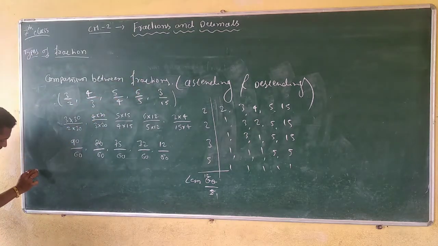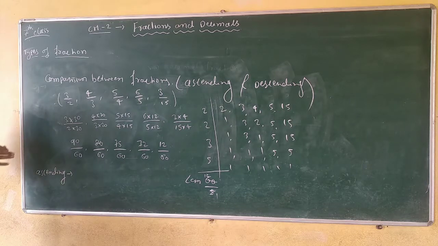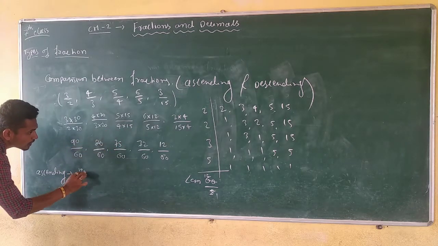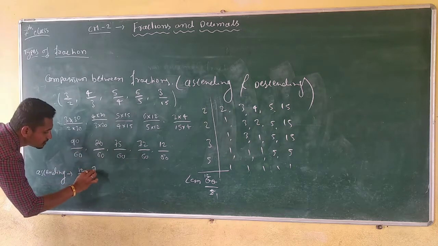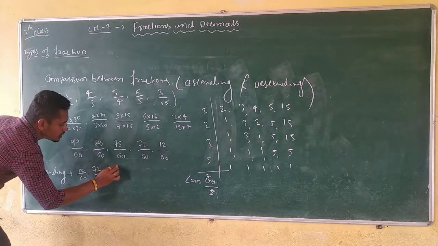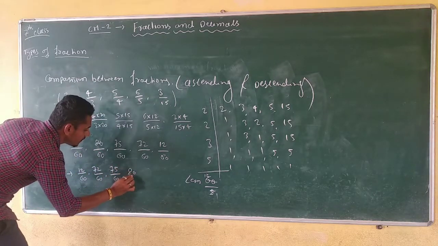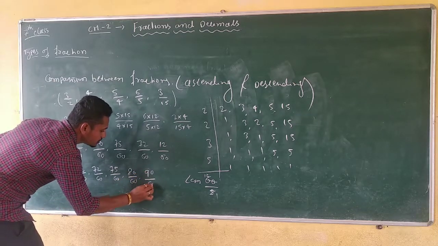First we write ascending order, which means smallest number to greatest number. So write which one is smaller: 12 divided by 60, then 72 divided by 60, then 75 divided by 60, then 80 divided by 60, and 90 divided by 60.